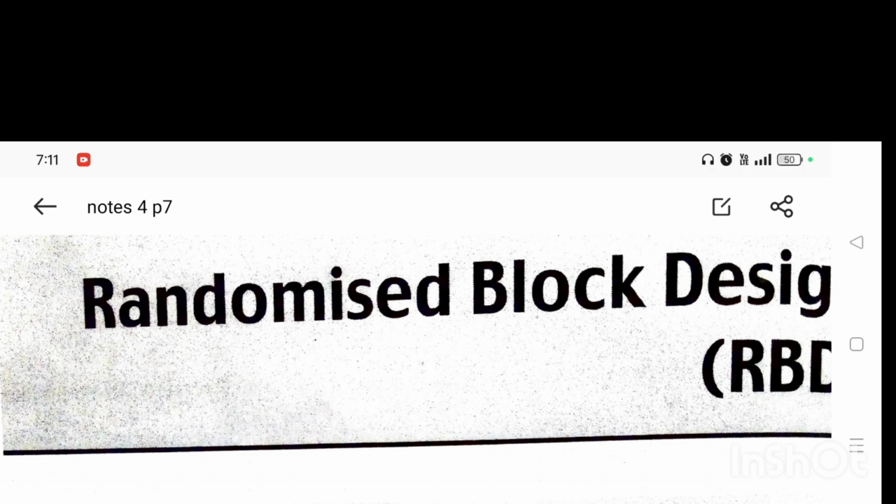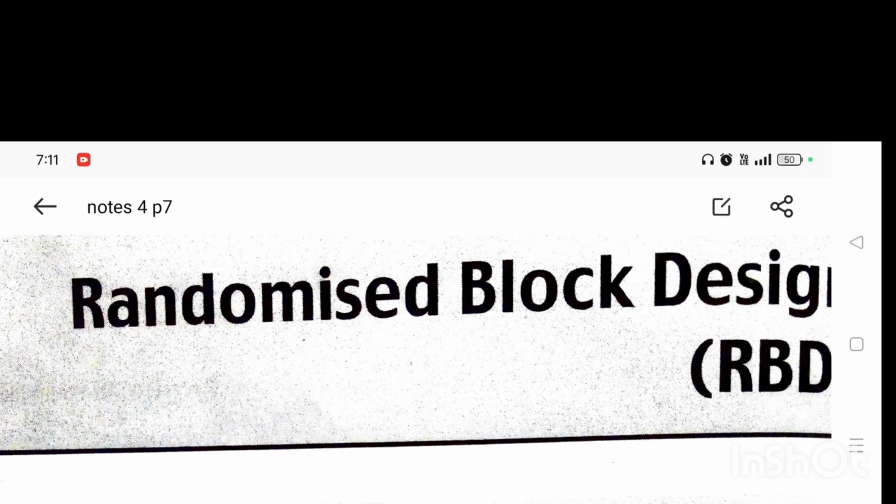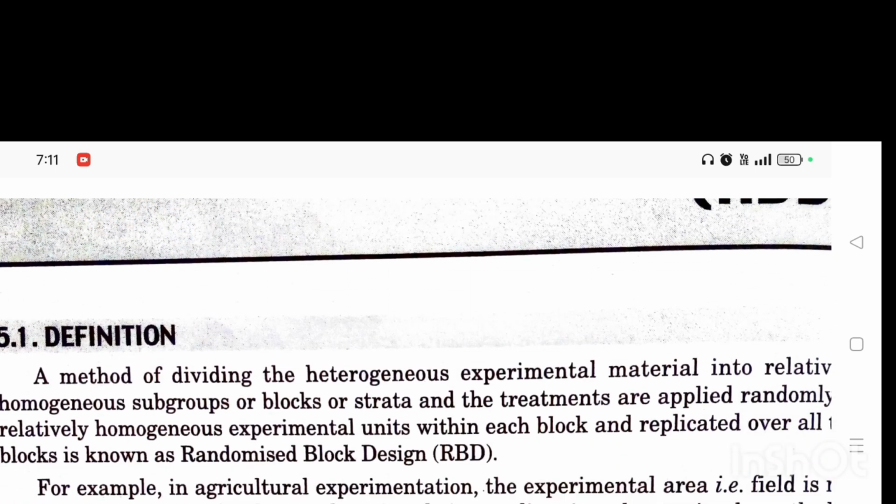Today we are discussing the randomized block design, which in short form we call RBD.